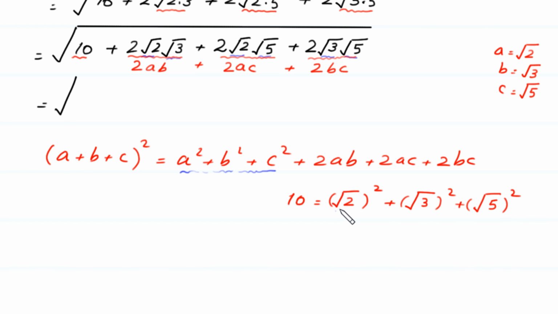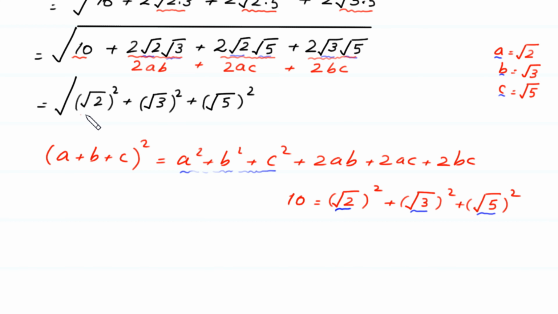And this square root of 2 is equal to a, and this square root of 3 is equal to b, and this square root of 5 is equal to c. So we complete the square by writing this 10 as square root of 2 squared plus square root of 3 squared plus square root of 5 squared.